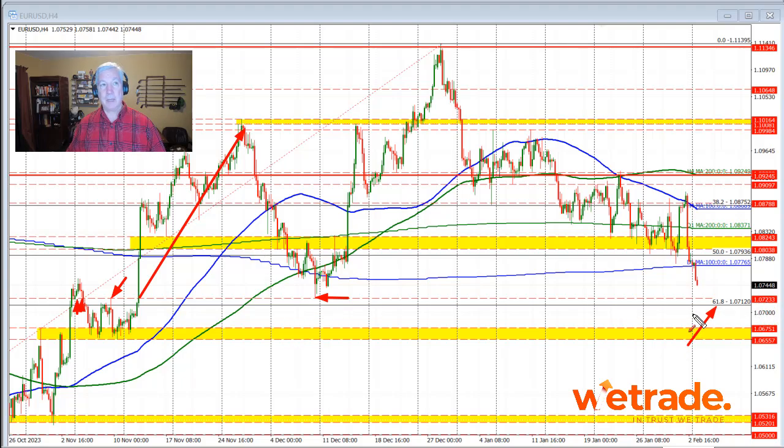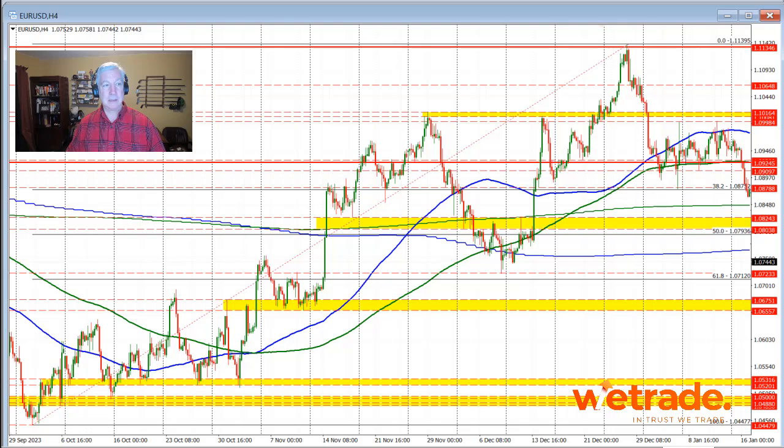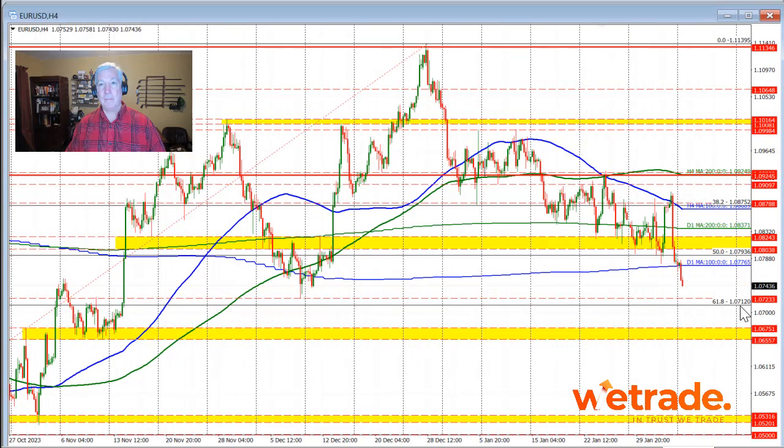The 61.8% retracement of the move up, going all the way back to this time right back here, I guess this is the September low to the December high, that level comes in at 1.0712. That's right here. And that would be the next target on the downside on a break of the 1.0723.